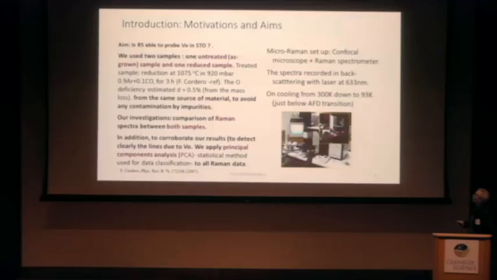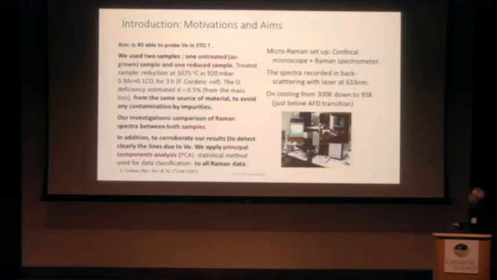The reduction was done at a high temperature under argon atmosphere, and we have estimated the deficiency of oxygen to be 0.5%. What is important in our study is that we use the same source of material for both samples in order to avoid any contamination by impurities, and particularly by iron.